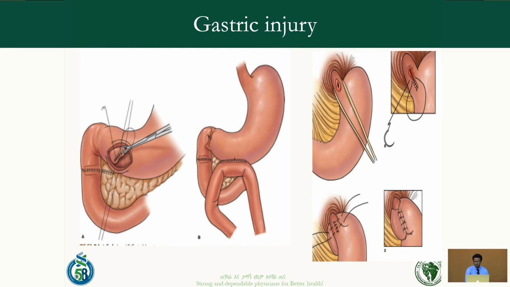So this is a picture to illustrate pyloric exclusion and proximal gastric and gastroesophageal junction injuries. Pyloric exclusion is usually important for a patient who has a significant mechanism of injury to the proximal duodenum. It gives time for the duodenal resection and anastomosis to heal properly.